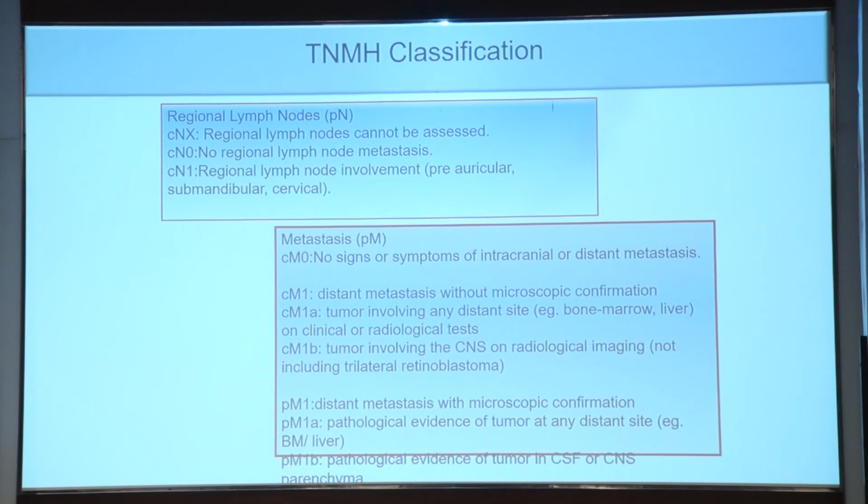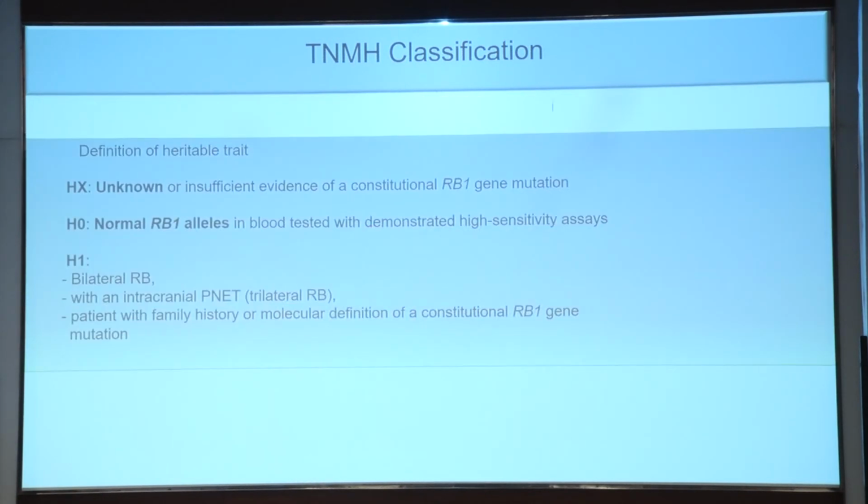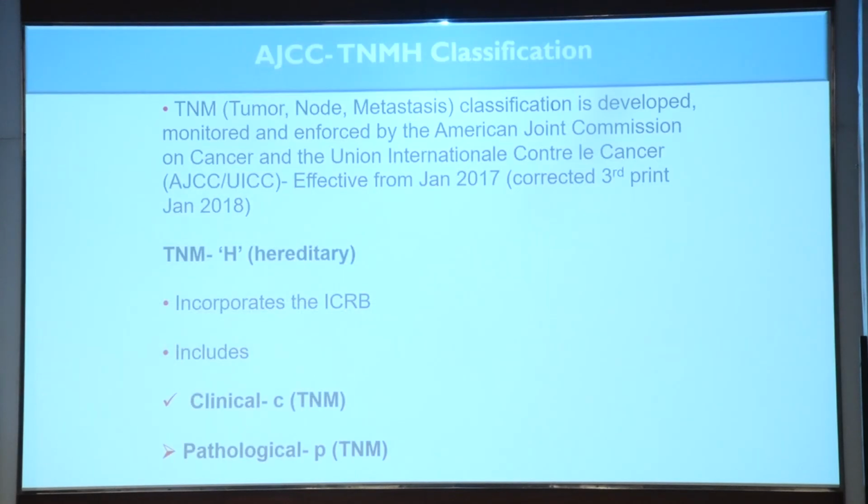R is for regional lymph nodes. Now metastasis, again, we have M1, M1A and M1B. Tumor involving distant sites like bone marrow has a slightly better prognosis than that with CNS involvement, as I told you. Now hereditary, I already told you.